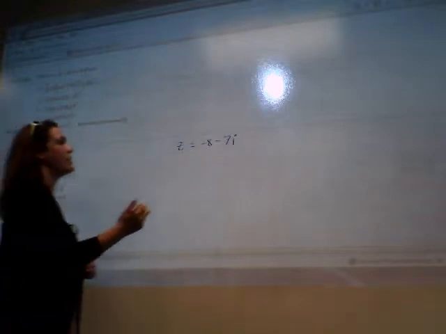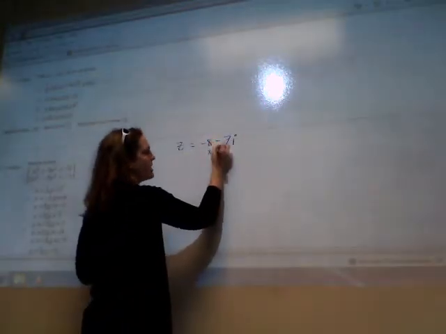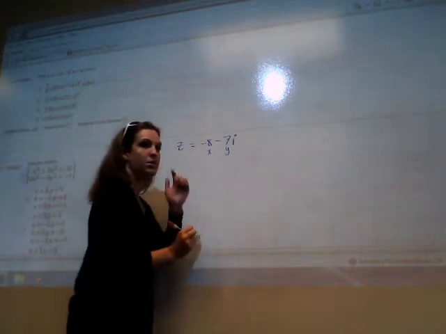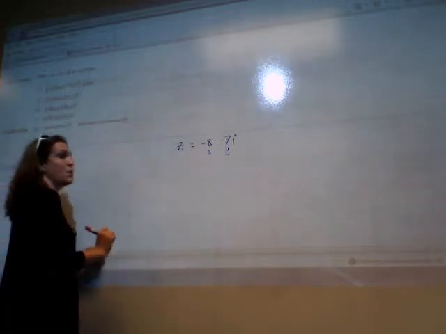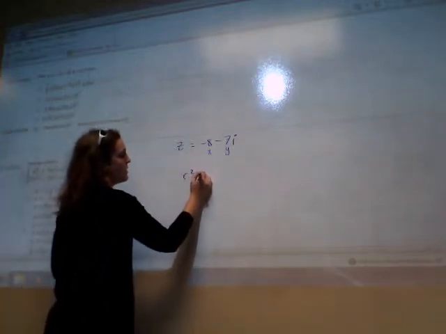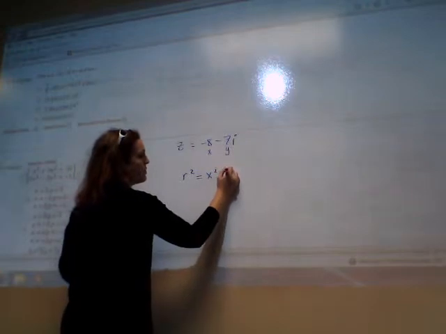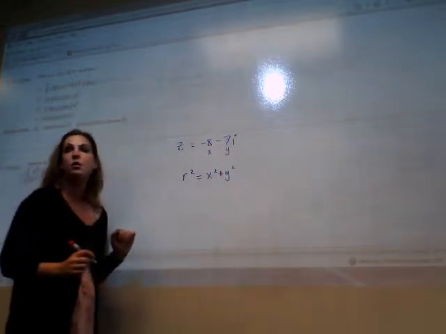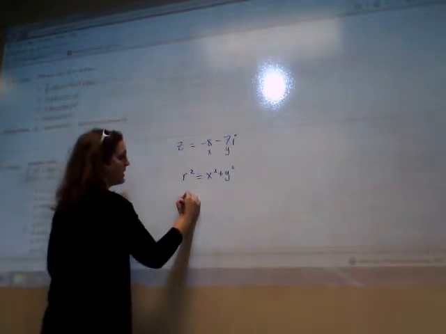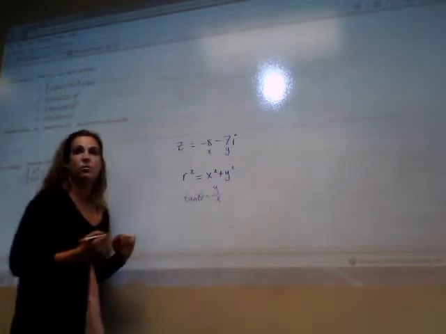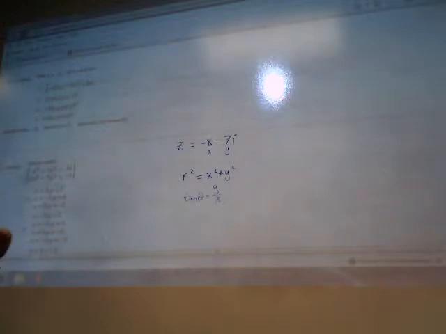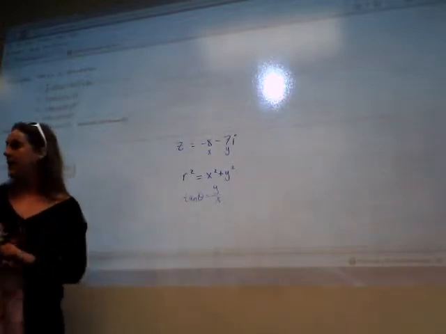So the first thing we want to do again is pretend like this is our x and this is our y, and we're going to use the same concept as polar coordinates. So what we know then is that r squared is equal to x squared plus y squared, and we also know that the tangent of theta is equal to y over x, which are the two things that we need in order to solve, because we need r and we need theta.